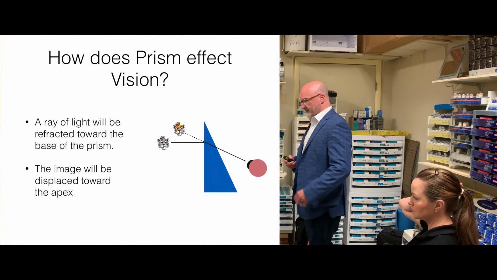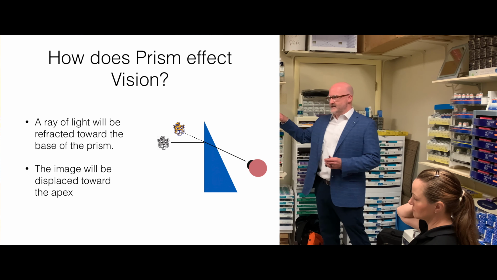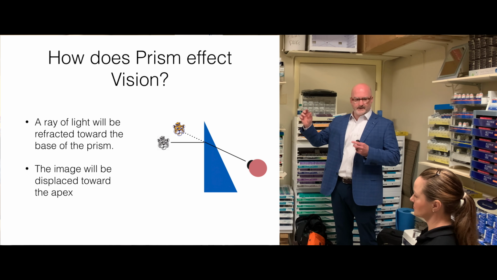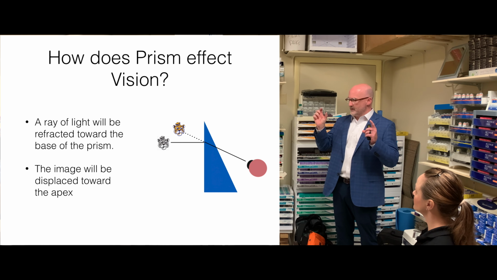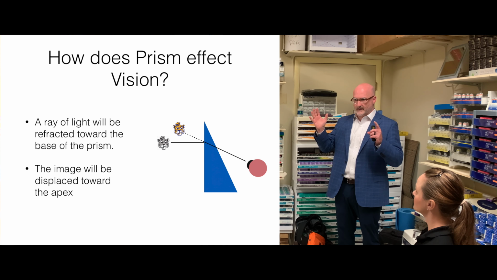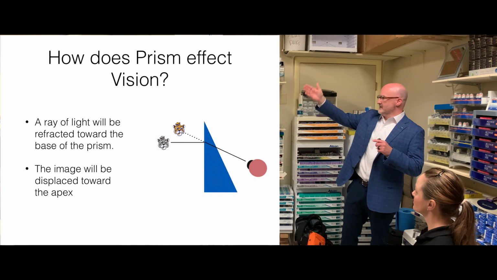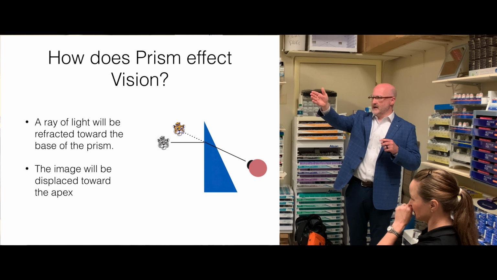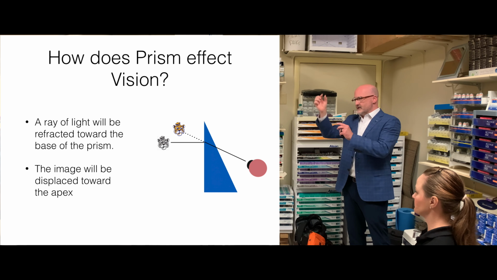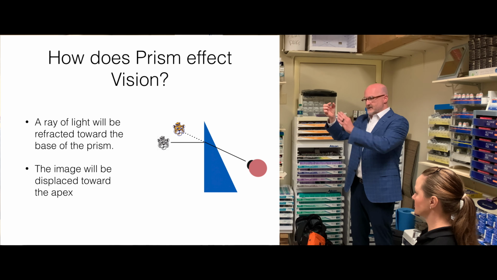So how does a prism affect vision? You have trial lens sets here, right? So you have the prism lens set. You can hold a prism. I think they come in 5, 10, and 15 diopters. So go and find one of those prisms and hold it up against something straight, like the edge of that table or the edge of that wall. What you'll notice is that wherever the thick part of that prism is, the wall or the ledge, or any image, will go in the opposite direction.